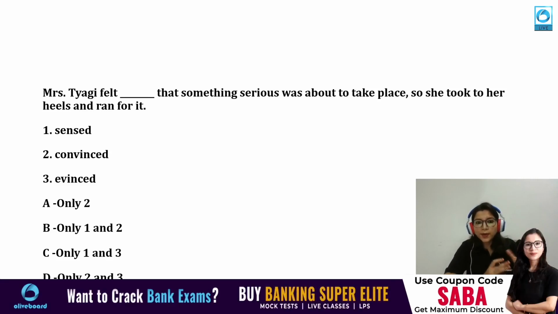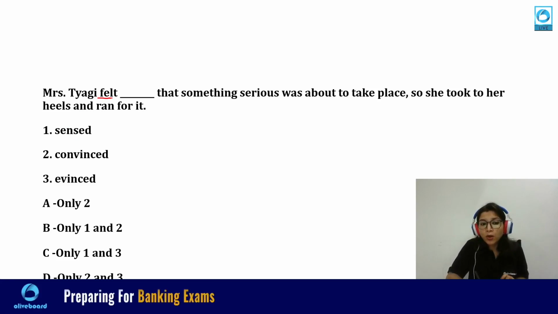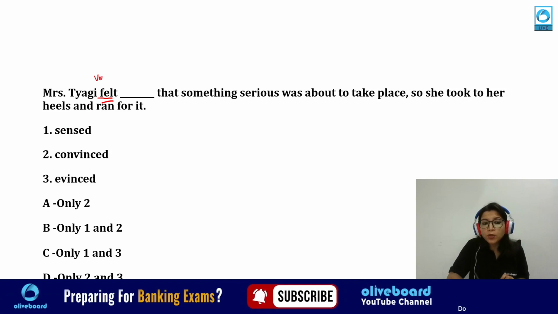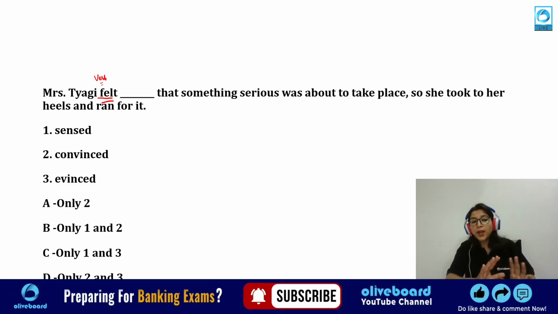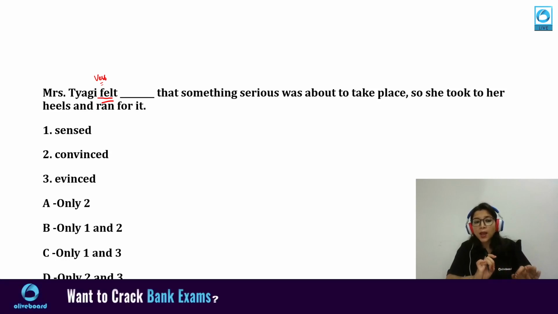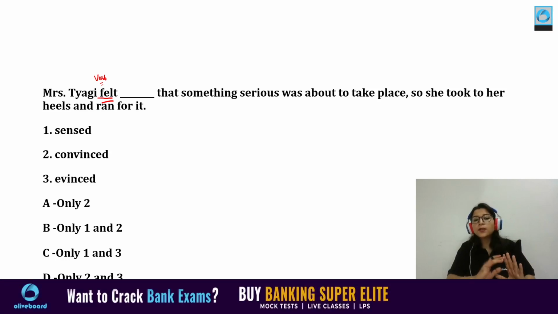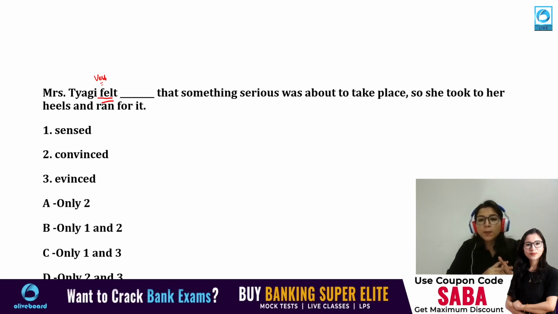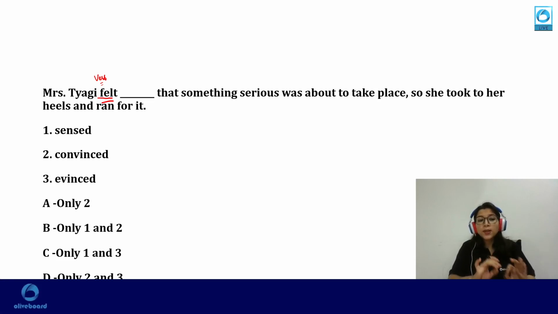She sensed it. We are getting that sense, okay? But यहाँ पर please guys focus on this word. Felt verb is already used. ये finite verb already use हुआ है, okay? Mrs. Tyagi felt dash that something serious was about to take place. कुछ serious होने वाला है. So she took to her heels.